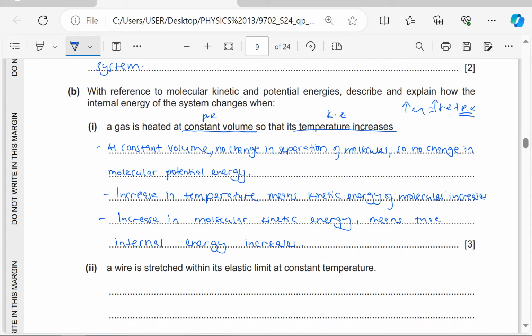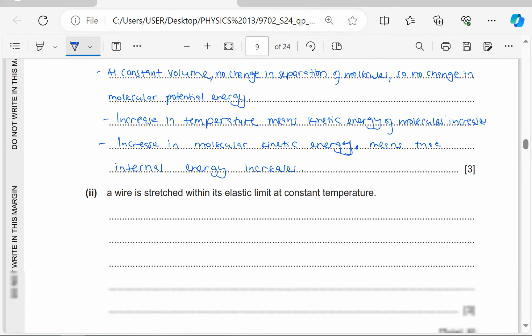Because the molecular kinetic energy has increased, from internal energy equals kinetic plus potential, it means the internal energy increases.